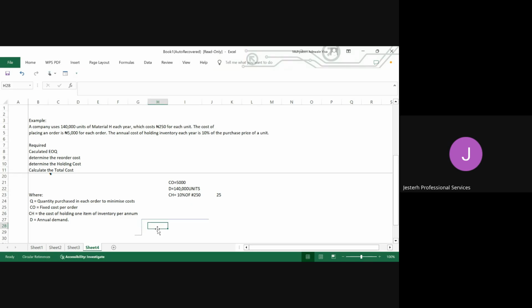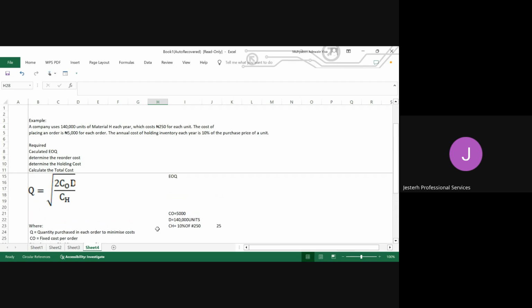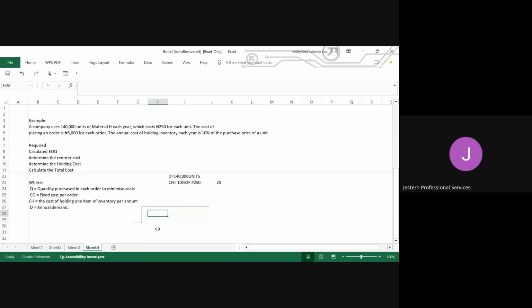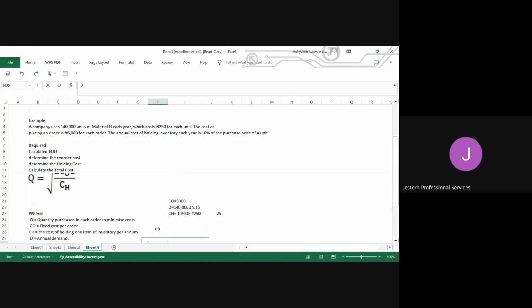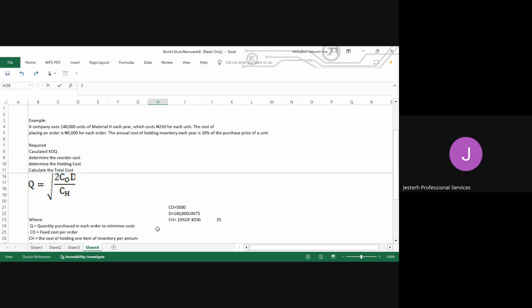The formula says 2, our 2 is constant, remember? Multiply by the CO. What is our CO? Our CO in this question is the cost of placing an order, and our cost for placing an order in this question is 5,000 naira.